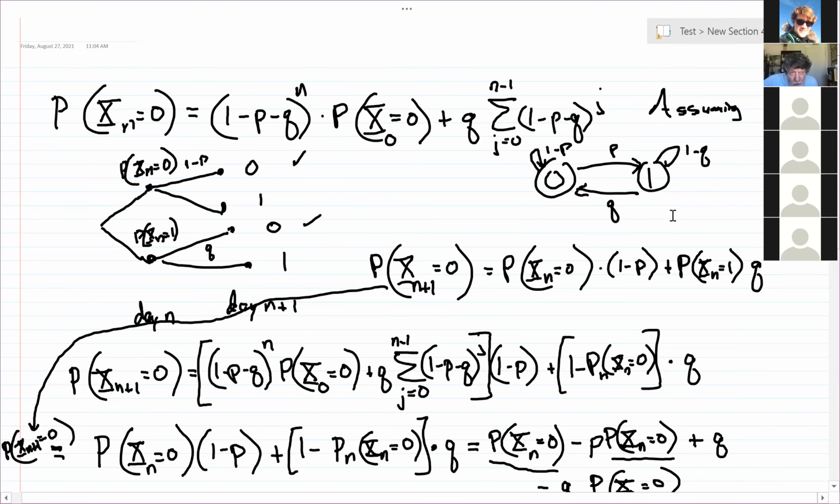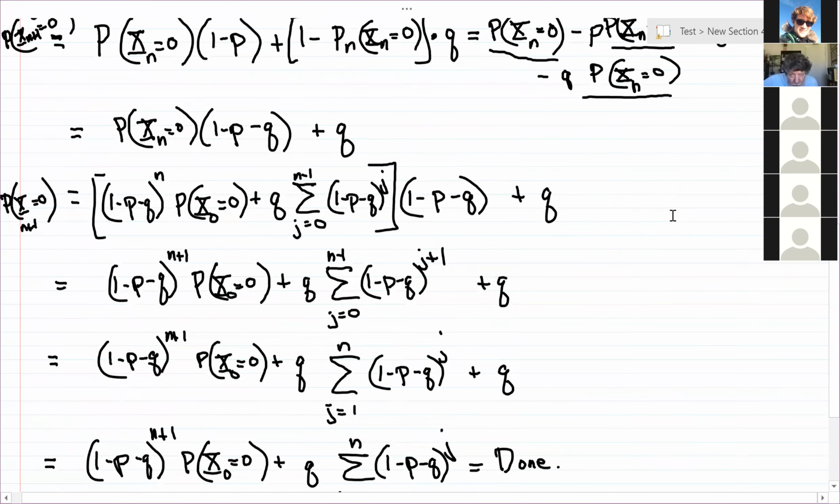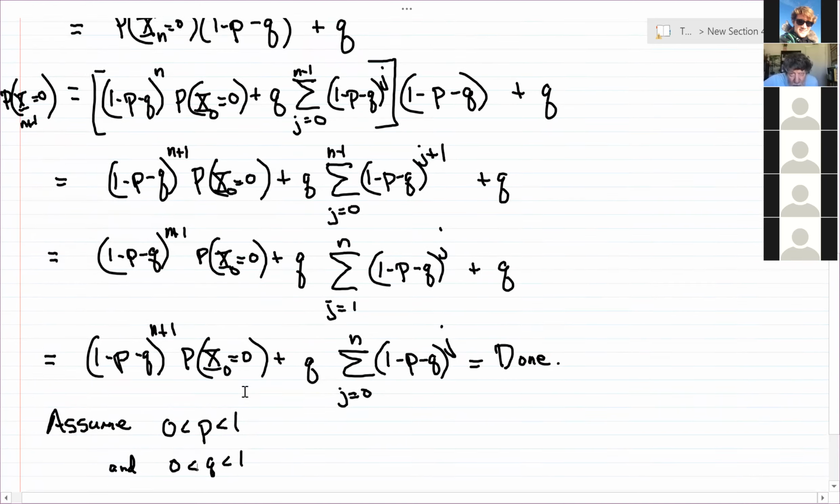Now, there's something cool that happens here. Let me see if we can simplify this a little further. Let's make a further assumption. Let's assume that P is strictly between 0 and 1, and the same is true for Q. So we're not allowing P to be 0 or 1. It's a probability, but it's not 0 and it's not 1.